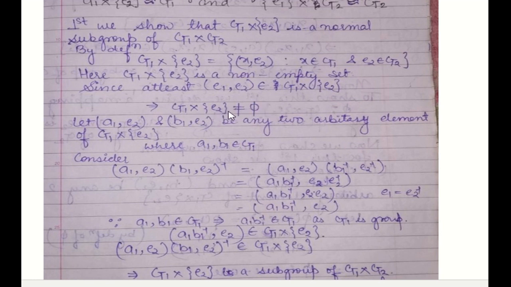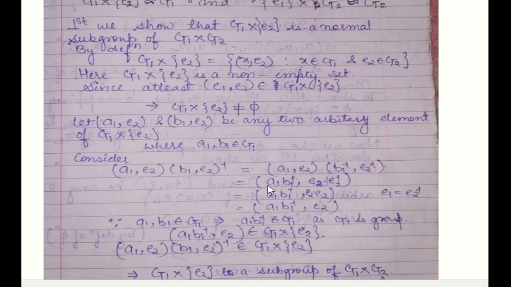So let us take two elements of G1 cross E2 as A1 E2 and B1 E2, where A1 and B1 are from G1. So now we take the first element as alpha and the second as beta. So this is what we are going to show, that it is a normal subgroup. So for that we take alpha beta inverse. So we take A1 E2 into B1 E2 whole inverse, and we know by the definition of the inverse in an external direct product, this will be equal to B1 inverse comma E2 inverse.